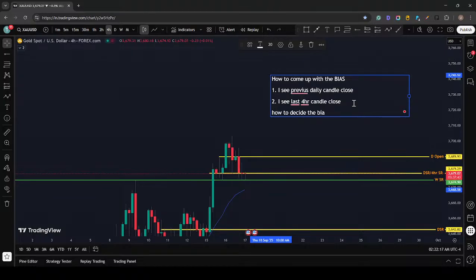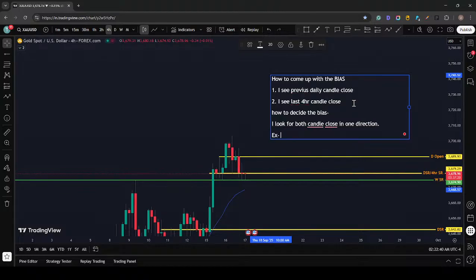How to decide the bias? I look for both candle closes in one direction.